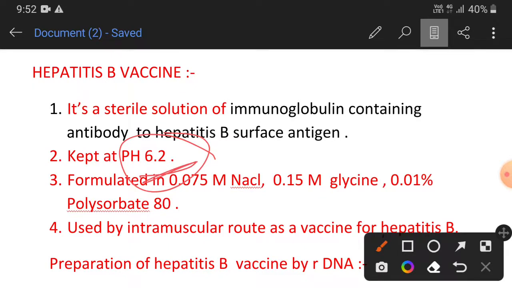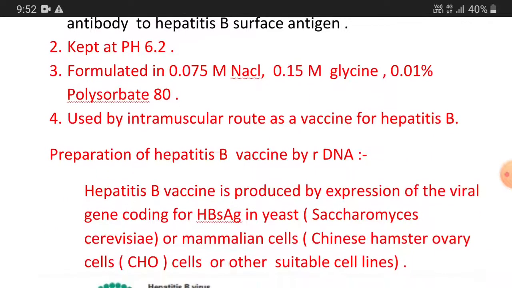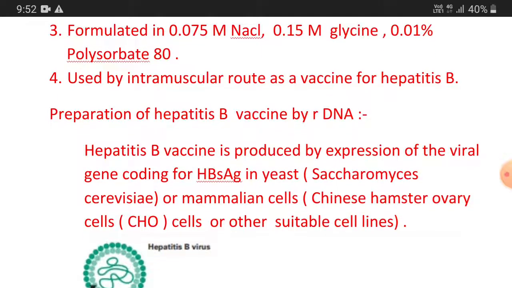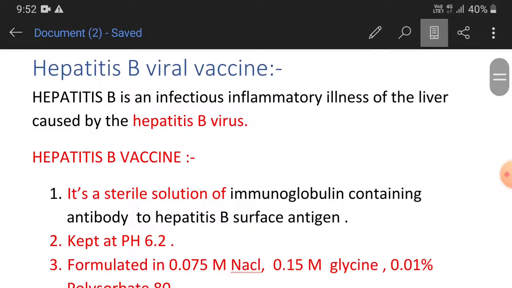Then we will formulate the solution with 0.075 molar NaCl, 0.15 molar glycine and 0.01% polysorbate 80, and we will use it via the intramuscular route. We can use Saccharomyces cerevisiae or another kind of mammalian cells, for example Chinese hamster ovary cells or other suitable cell lines. So that was the concept of the hepatitis B viral vaccines.